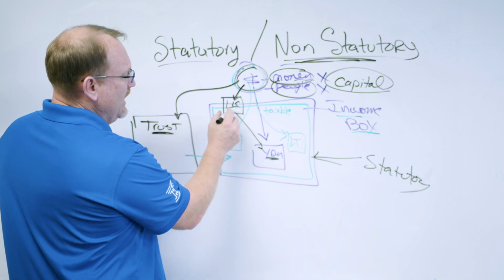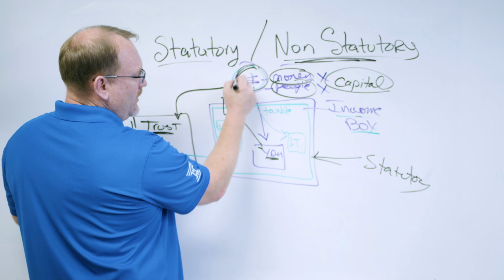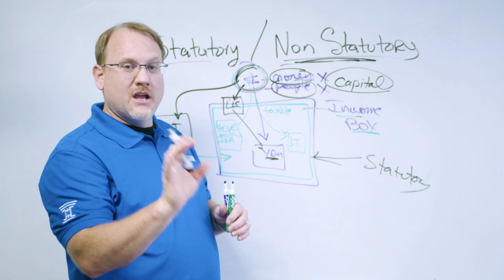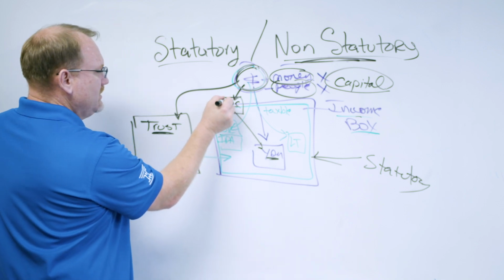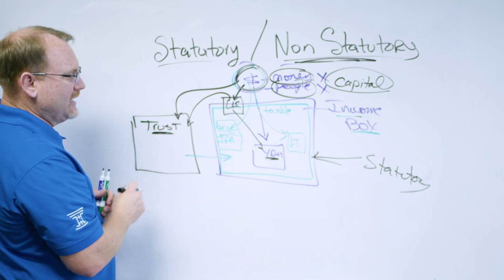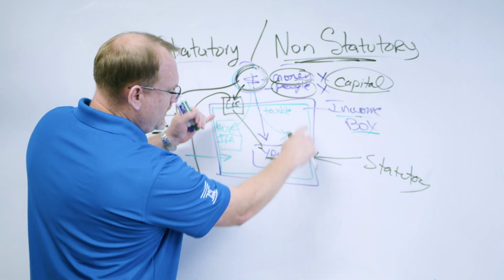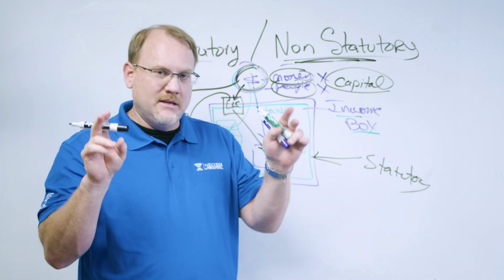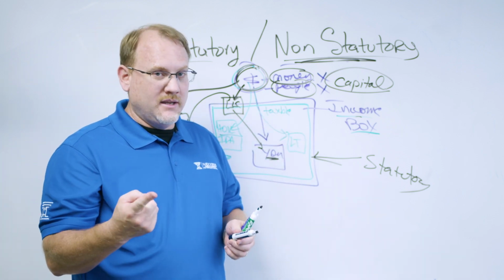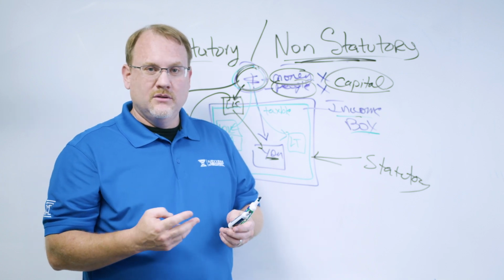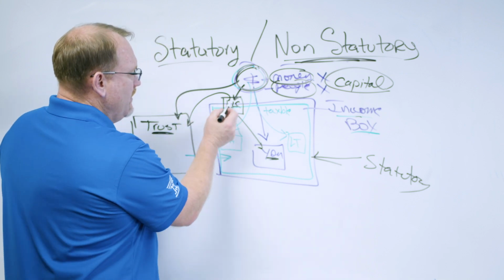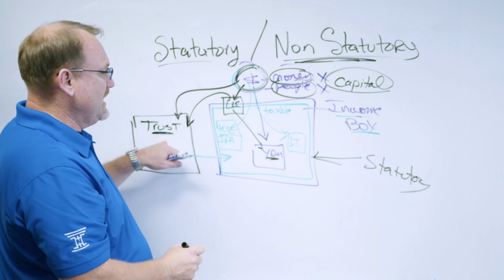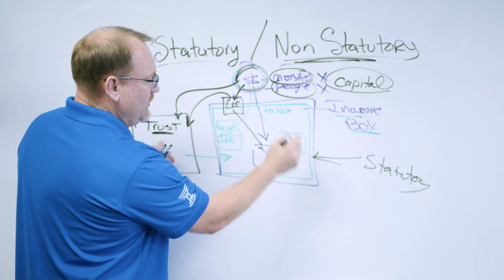But the LLC can also take money or capital and send it to a non-statutory entity. Watch this. Like a trust, like we have. It hasn't crossed the green box yet. It's outside of the green box. It hasn't become income yet. It is money. It is capital.